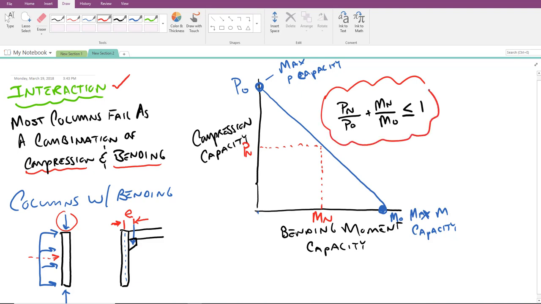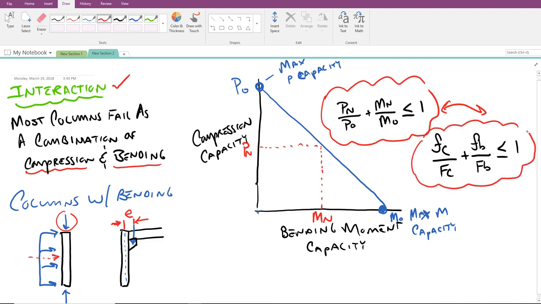Now usually we don't deal with things in terms of actual point load and bending moment. Typically we convert everything to stress. And so the theoretical stress form of this equation simply becomes the compressive stress actual relative to the allowable, the bending stress relative to the allowable, and so long as that again is less than 100%, then this particular column won't fail.